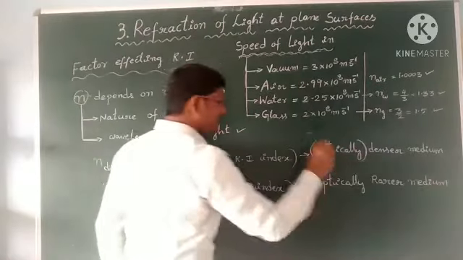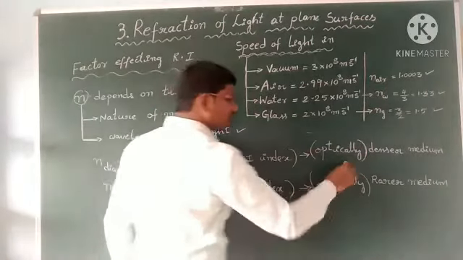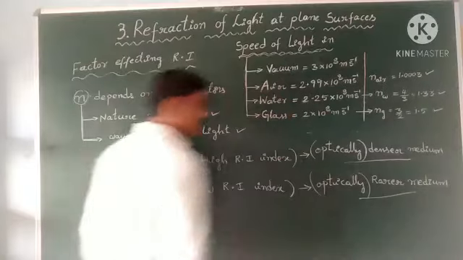So this is optical density. You can call them optically denser and optically rarer.